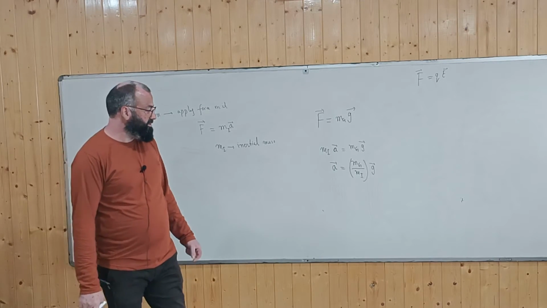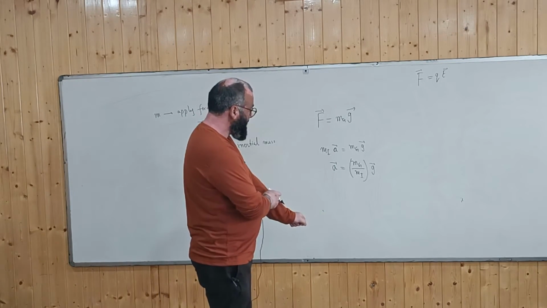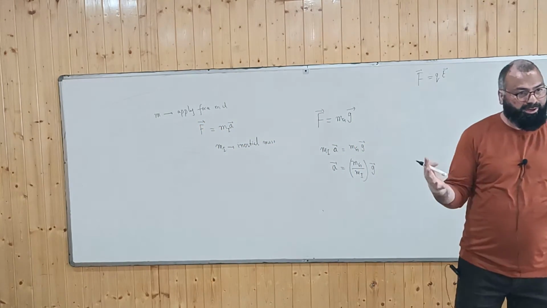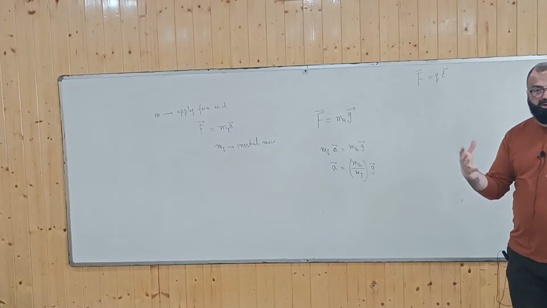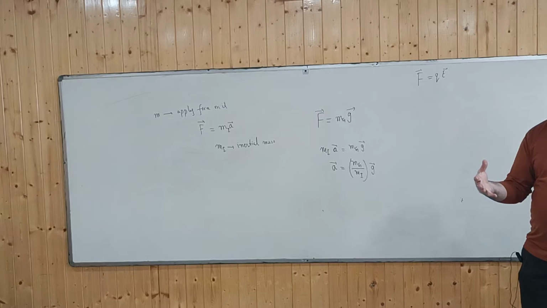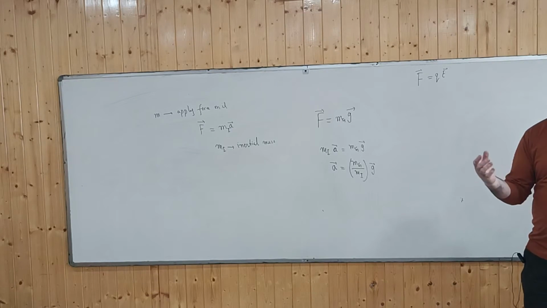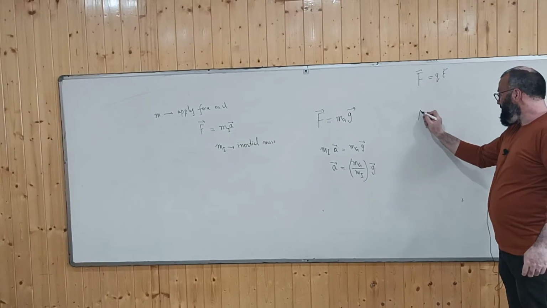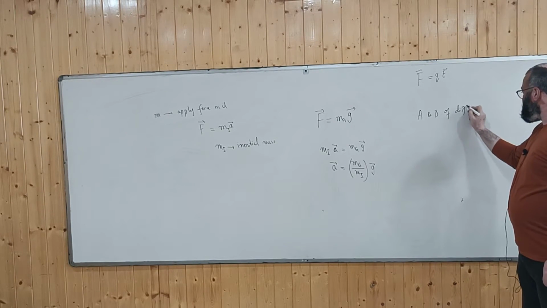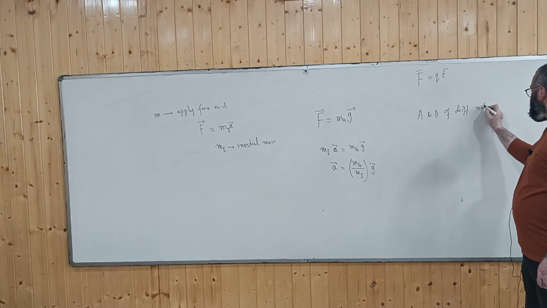Got it? Now let's take two different objects. Let's say one object is copper, one object is iron, and another object is a feather. That means completely different composition. Think of two bodies, A and B, of different composition, of different nature.